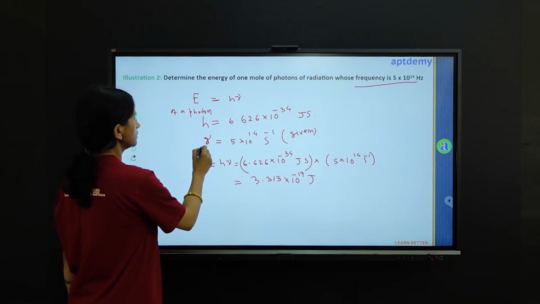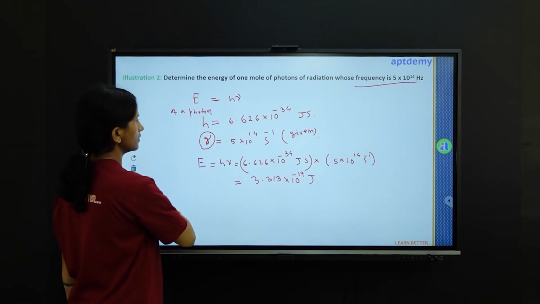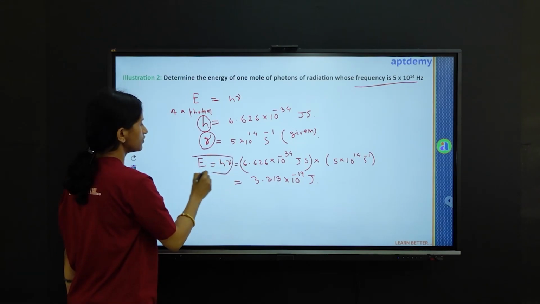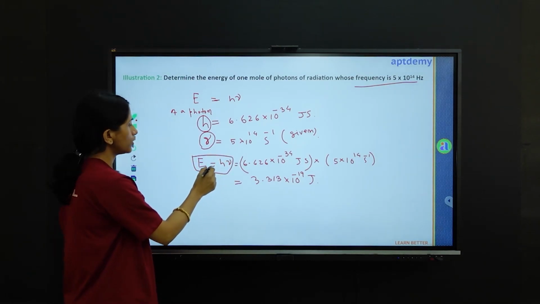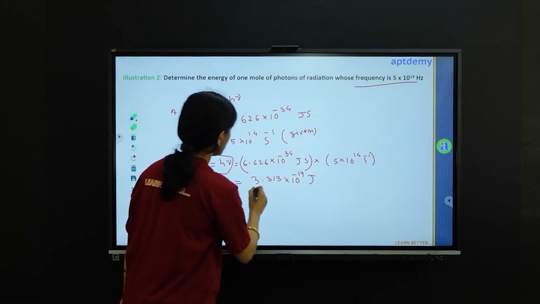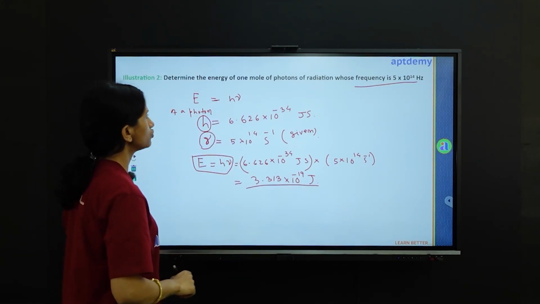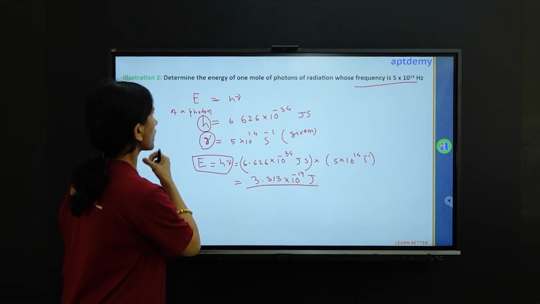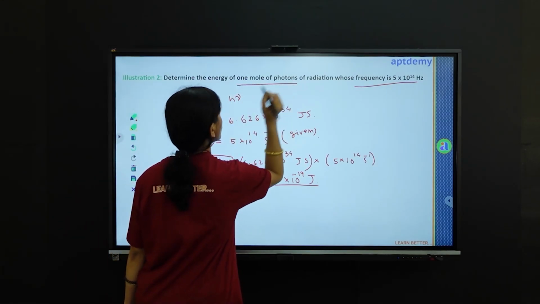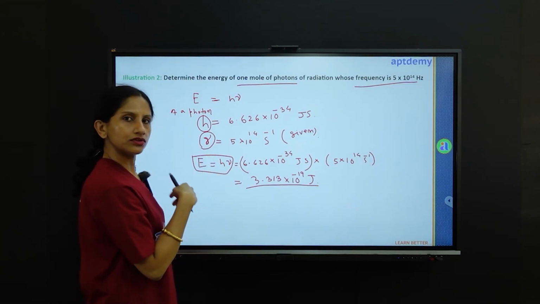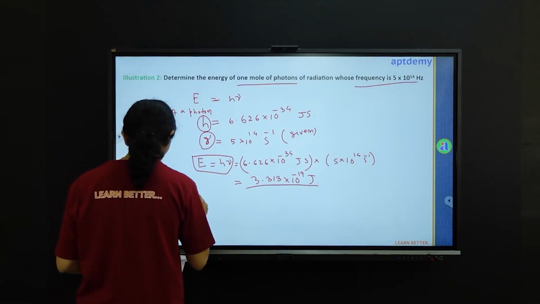So this is the frequency, and this is the Planck's constant, and we have got the energy using the formula E is equal to h nu. Now we have to calculate for 1 mole of photons, so we have to multiply this value with Avogadro's number.